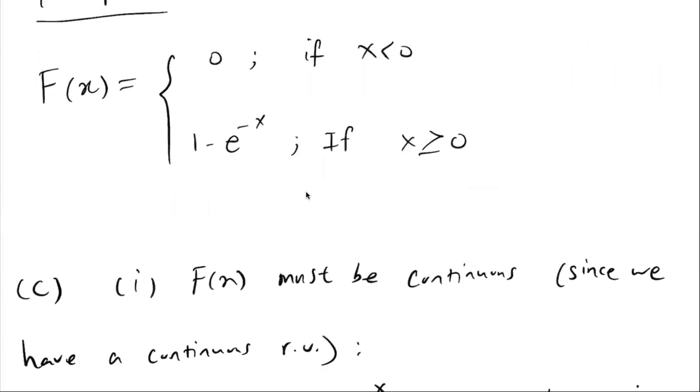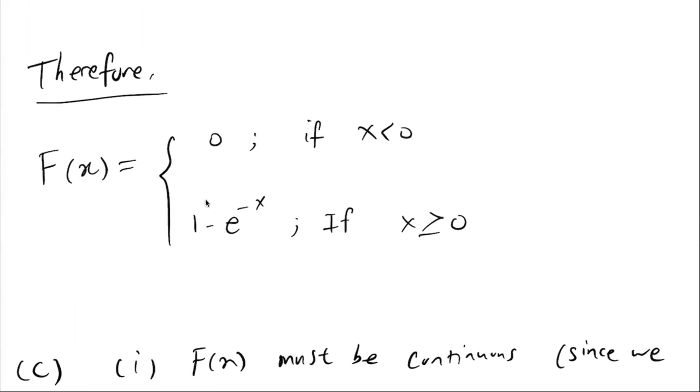Now each piece is continuous, and if I want to check that the whole function is continuous, I need to check the continuity at the border point. So apart from the border point, each piece is continuous. If I can check that the function is continuous at the border point, then that means the function remains continuous everywhere.